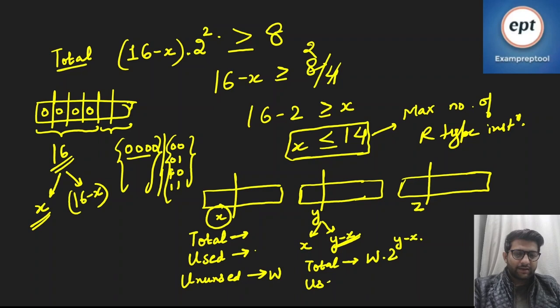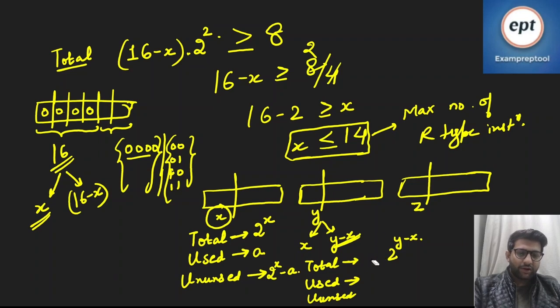Then again, we knew this information, right? The used number of the second type of instruction, or if we have to calculate this, just take it again as a variable and then calculate the unused, right? So if this is, let's say if this was 2 power x, the used were, let's say a, so unused will be what? Unused will be 2 power x minus a, right?